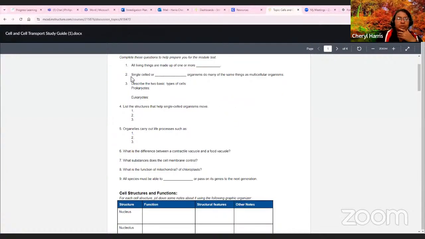Okay, what's another name for a single-celled organism? Can do many of the same functions as multicellular. What's another word for single-celled? Kind of the opposite of multicellular, so it would be what?